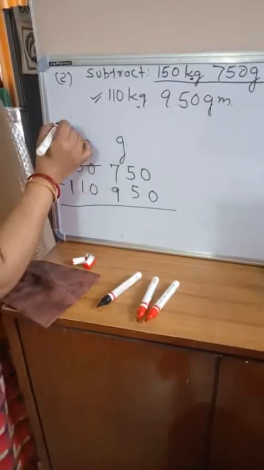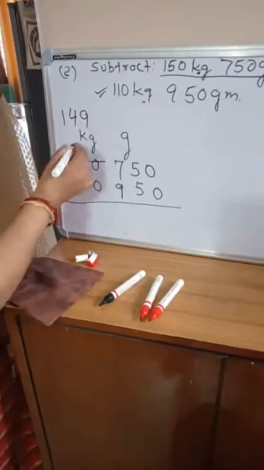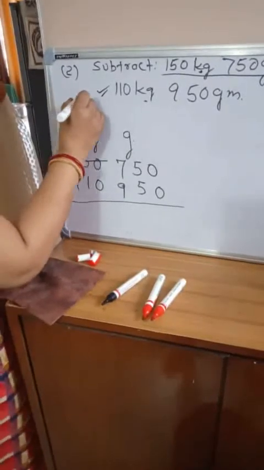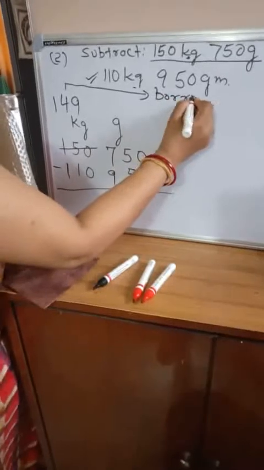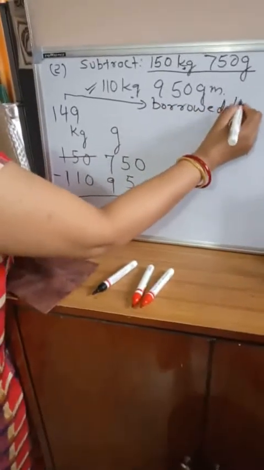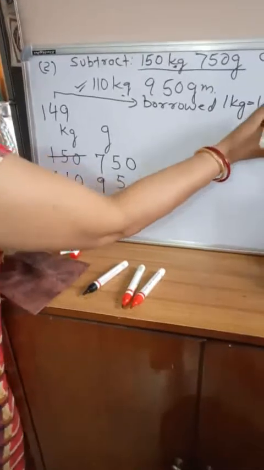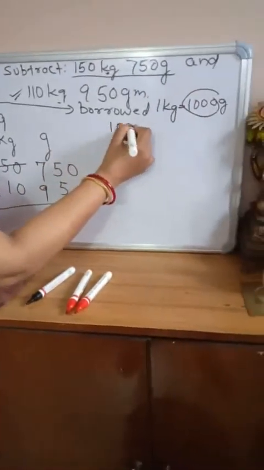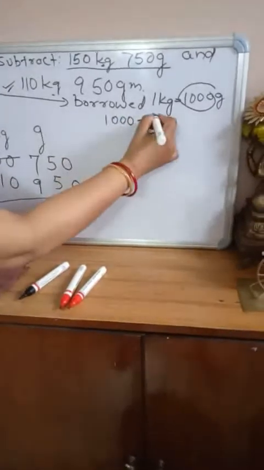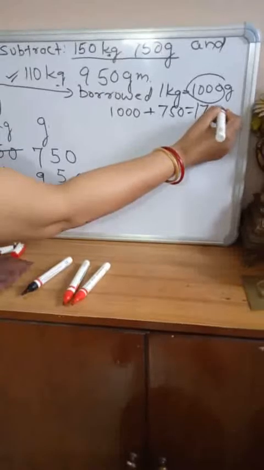So 150 will become 149. Now this 1 kilogram that I have borrowed is equal to 1000 gram. So this 1000 gram will be added with 750 grams. So it becomes 1750 grams.